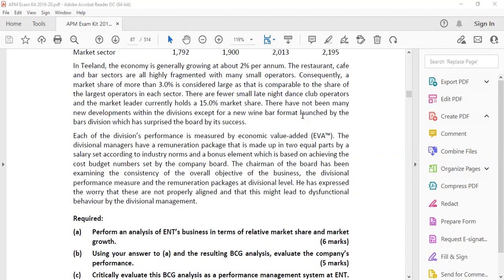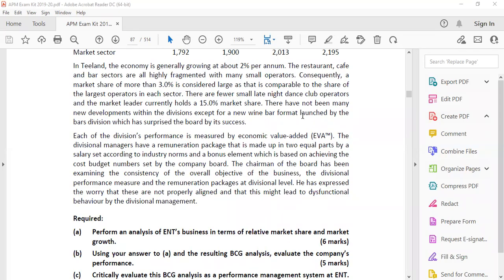Each of the divisions' performance is measured by economic value added. The divisional managers have a remuneration package made up in 2 equal parts: a salary set according to industry norms, and a bonus element based on achieving the cost budget numbers set by the company board.